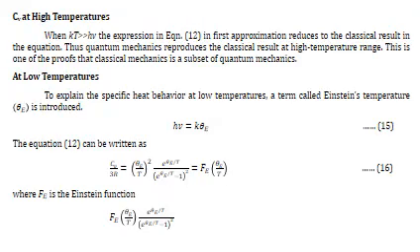Now, at high temperature, what happens? That is, kT is very much greater than h nu. We know equation 12: Cv is equal to 3R into h nu by kT the whole square, e power h nu by kT, divided by e power h nu by kT minus 1 the whole square.